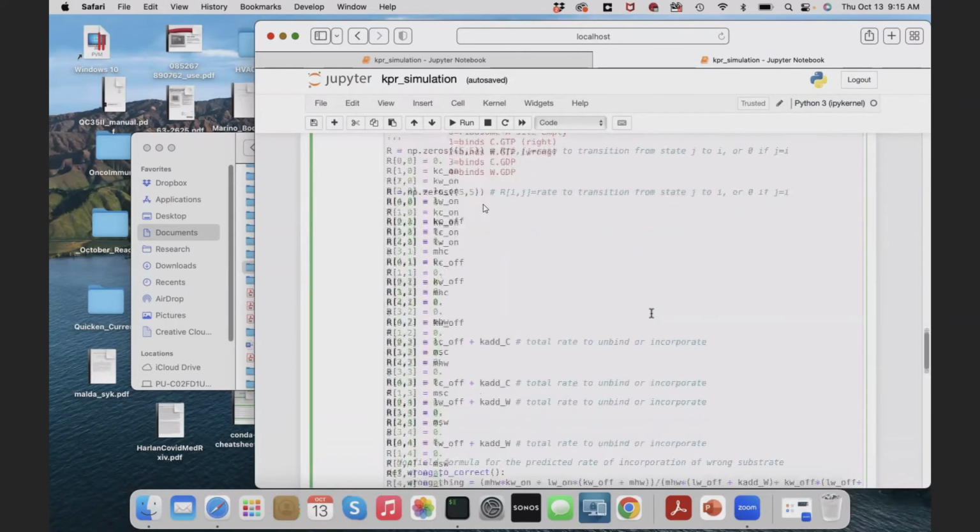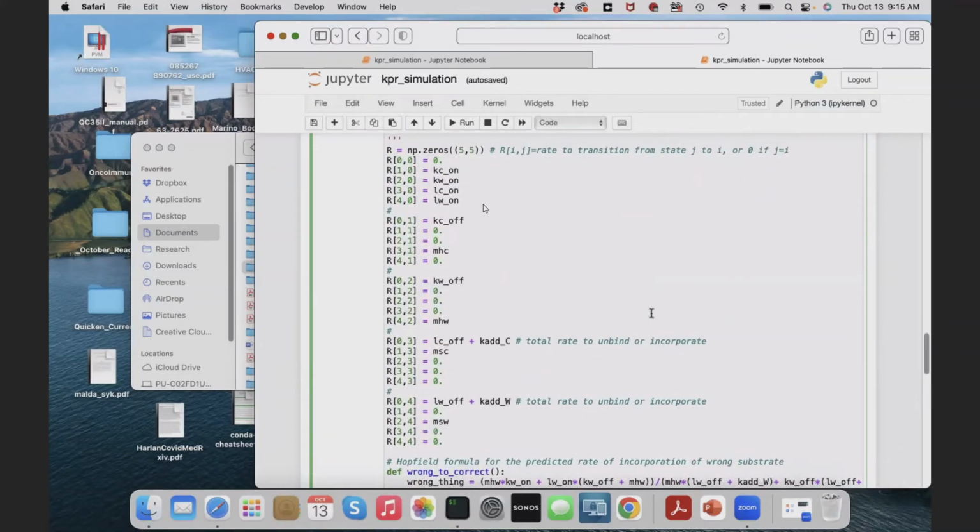And the heart of the matter basically is that there's a transition matrix that you have defined by your choices of parameters. Namely, there are these states, 0, 1, 2, 3, 4. There are 5 states, excuse me. There's the empty enzyme, there's the enzyme with A bound, there's the enzyme with A bound excited, et cetera.